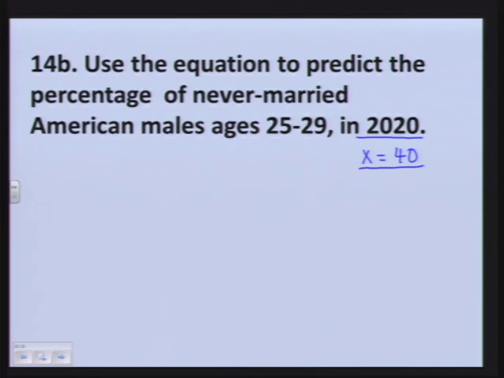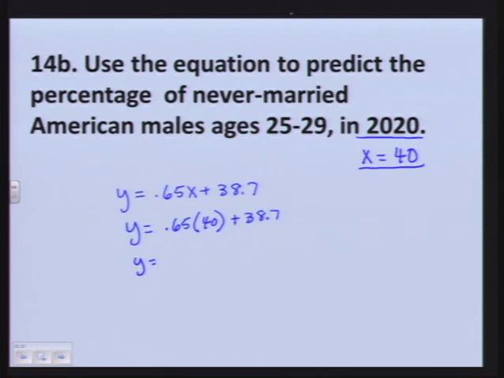So let's rewrite our equation here. y equals 0.65x plus 38.7. So y equals 0.65 times 40 when we think about the year 2020 plus 38.7.